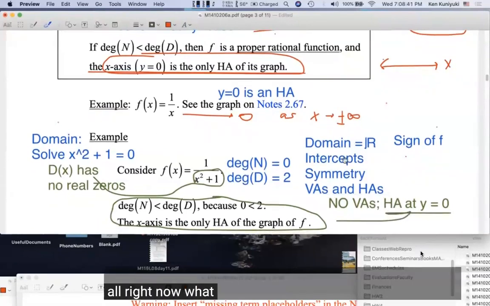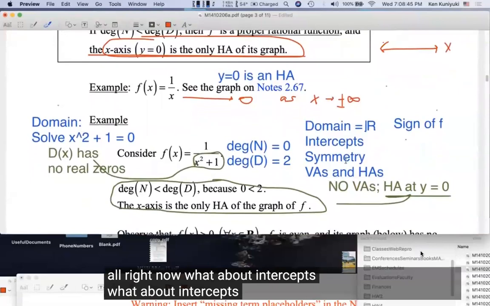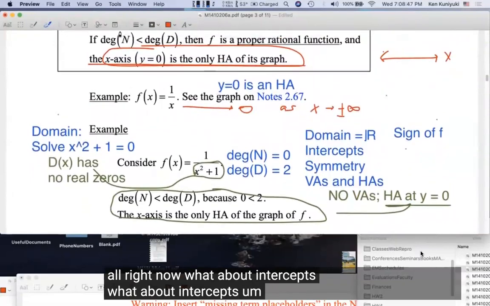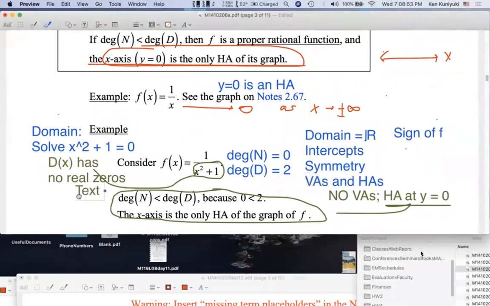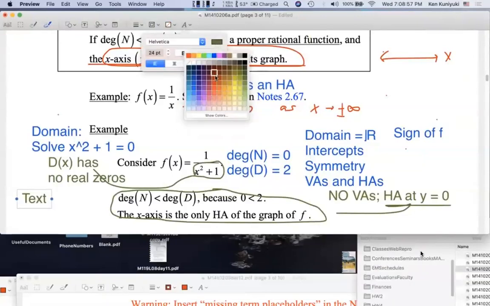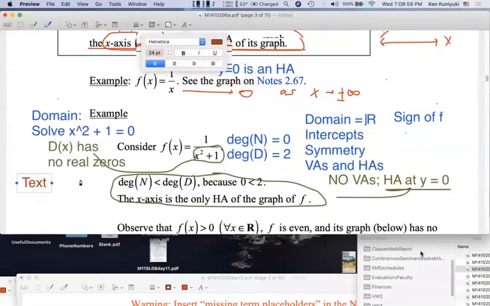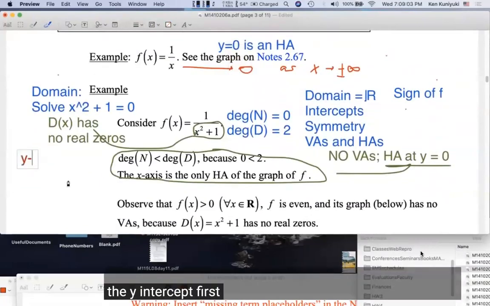All right, now what about intercepts? Let's consider the y-intercept first.